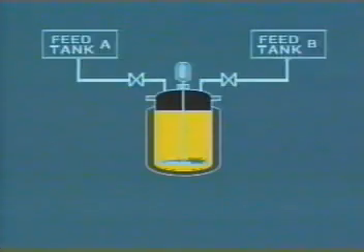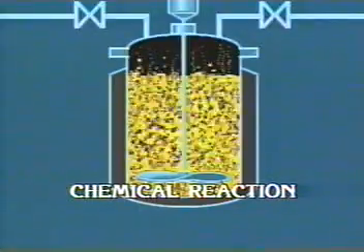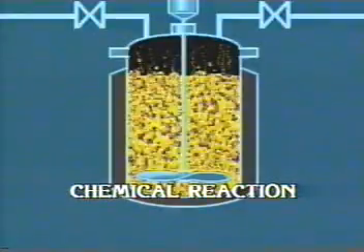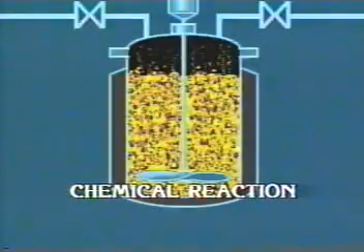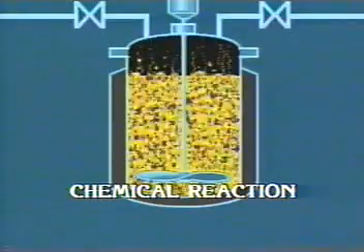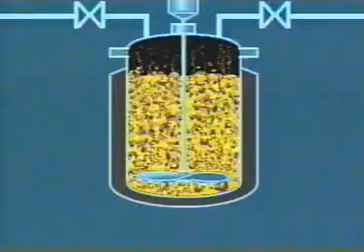Another type of batch process involves chemical reactions. A chemical reaction may be thought of as the bringing together of two or more raw materials or reactants under the influence of temperature or pressure to form one or more products. Chemical reactions are used extensively in industry, both in batch processes and in continuous processes.